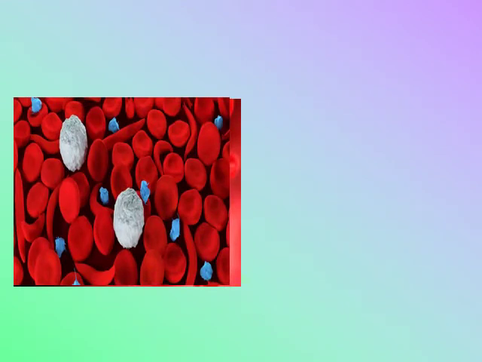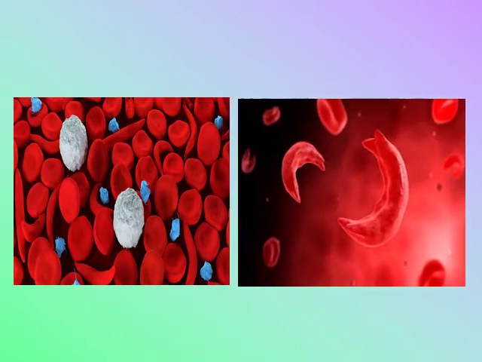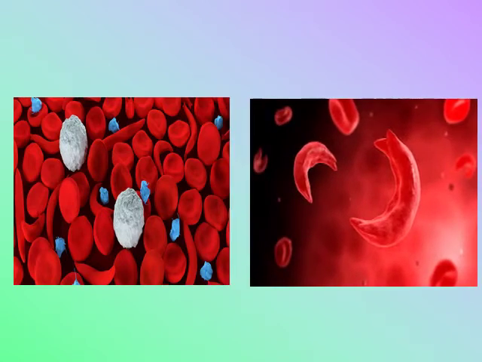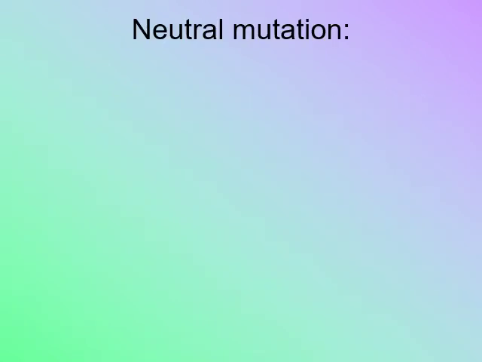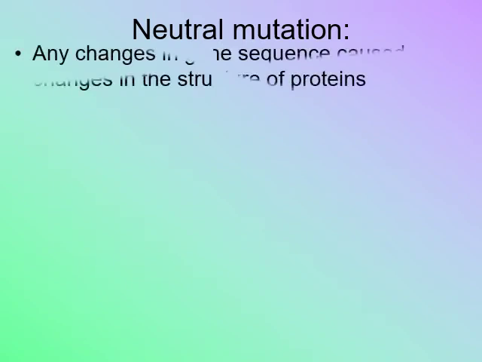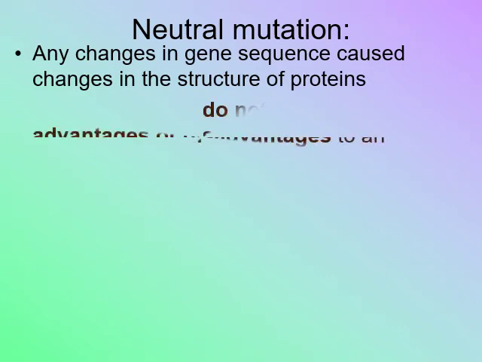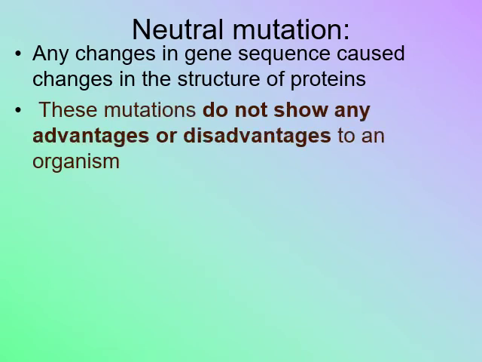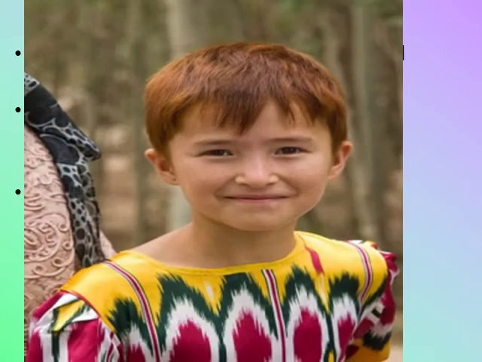This image shows the normal hemoglobin and this sickle hemoglobin. The other type is called neutral mutation. Any changes in the gene sequence cause changes in the structure of the proteins. These mutations do not show any advantage or disadvantage to an organism, such as red hair.